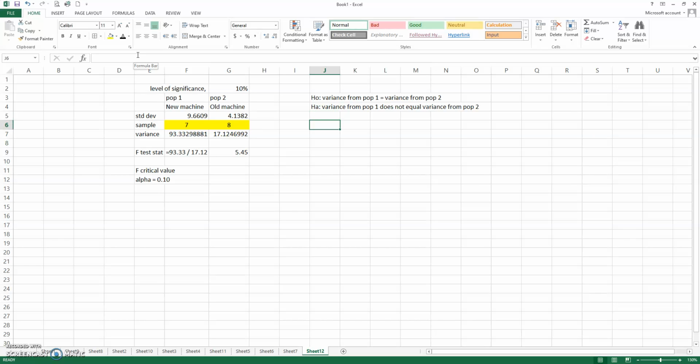Okay, so we know it's a two-tailed test. So the critical value for alpha is going to be based on using alpha divided by 2, which equals 0.05. Degrees of freedom in the numerator is 7 minus 1, and degrees of freedom in the denominator is going to be 8 minus 1. So we go to our F distribution chart.